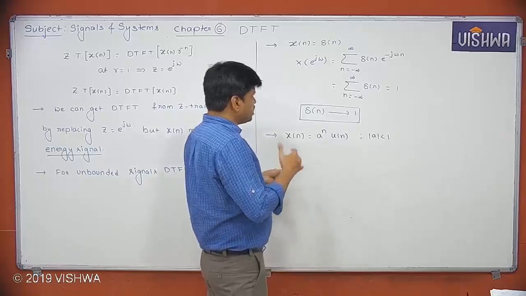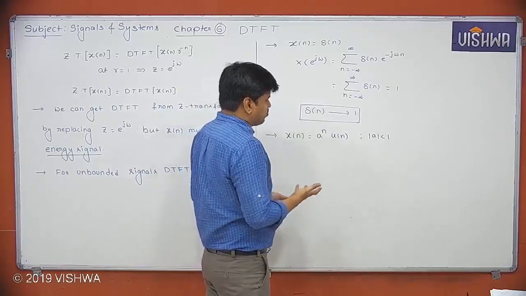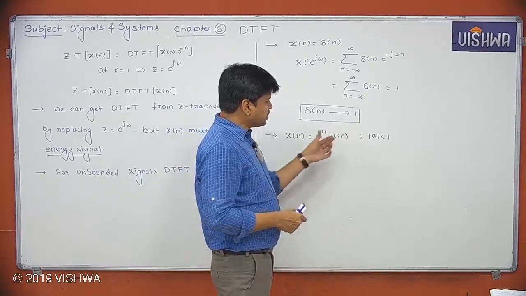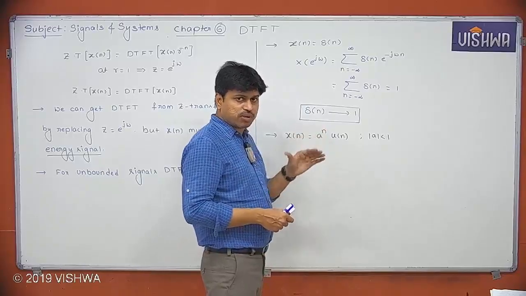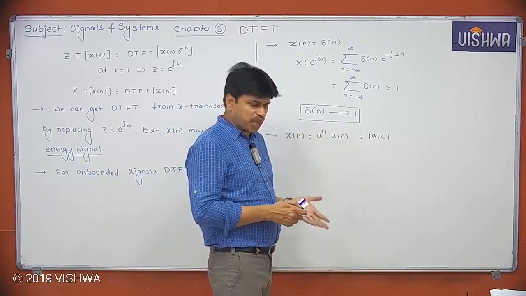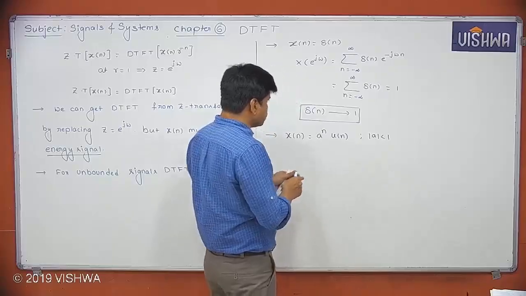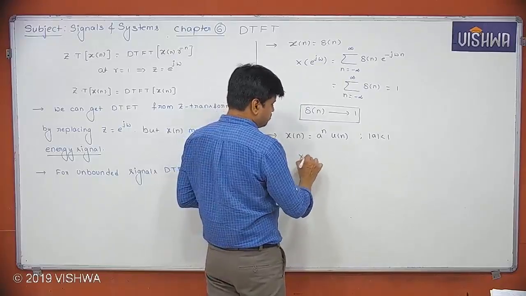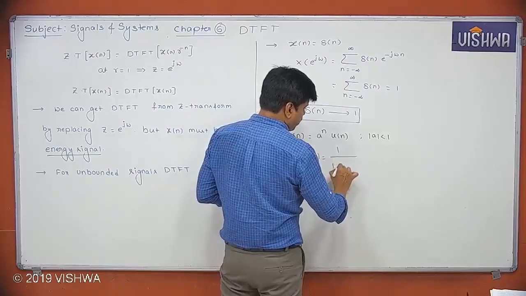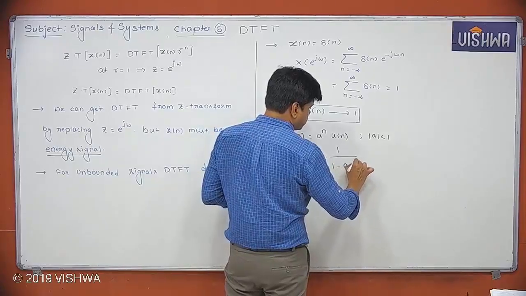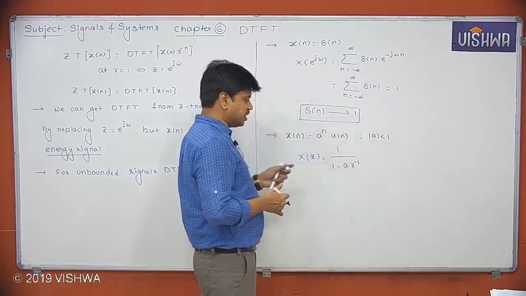Now for this we don't go for a formula. Actually what we know, because it is a bounded signal and it is an energy signal, we can directly go from Z transform to DTFT. How, sir? For this signal we know the Z transform, right? What is x of z? That is 1 by 1 minus a z inverse. This is the Z transform, right?